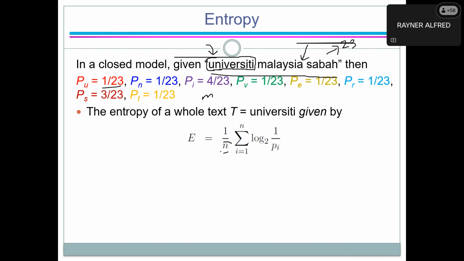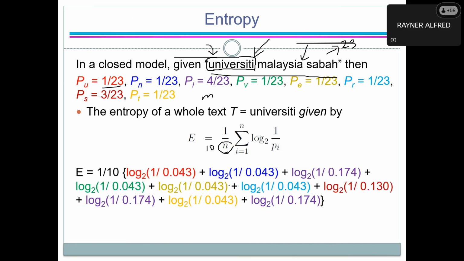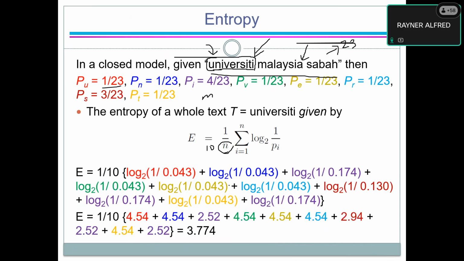We have 10 symbols here. When we sum up everything, this is the entropy that we have.